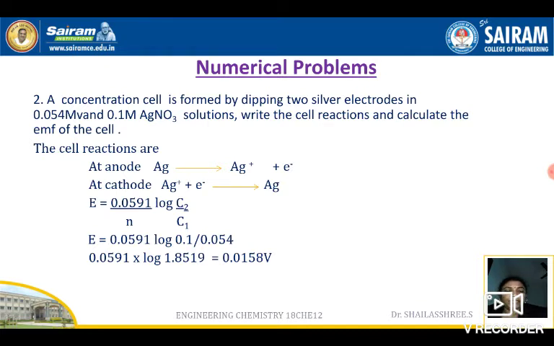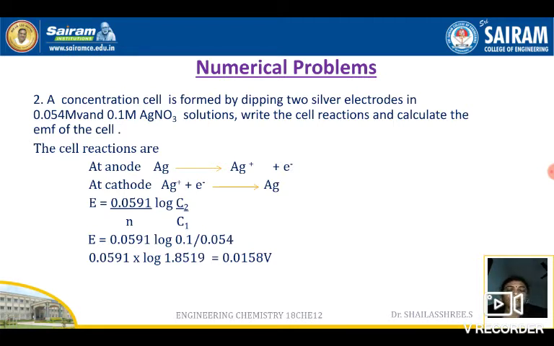Okay, first you have to write the cell reactions always. Usually, to confuse the students, they will give many problems on silver only. Here usually students will write Ag gives Ag2+ without thinking. Please remember the valency of Ag is +1.